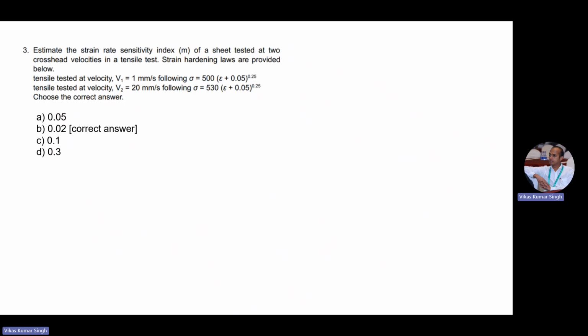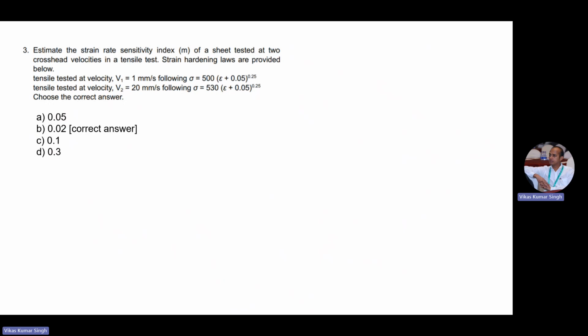In the next question, you can see this is the third problem, and it is given that we need to estimate the strain rate sensitivity index.